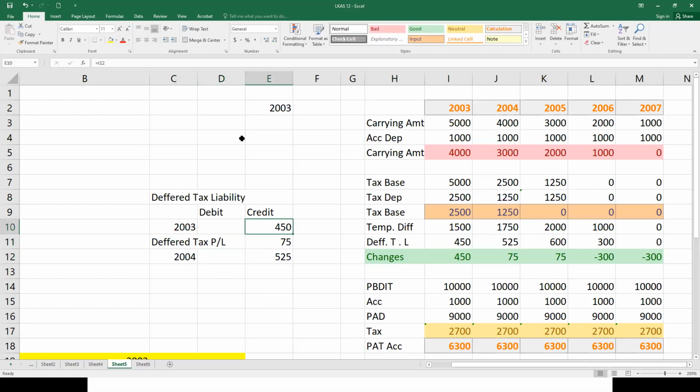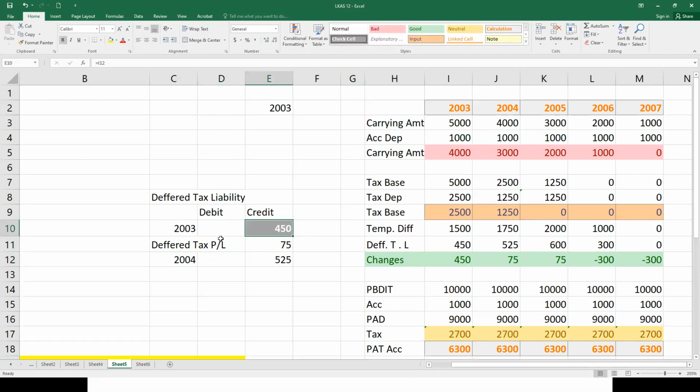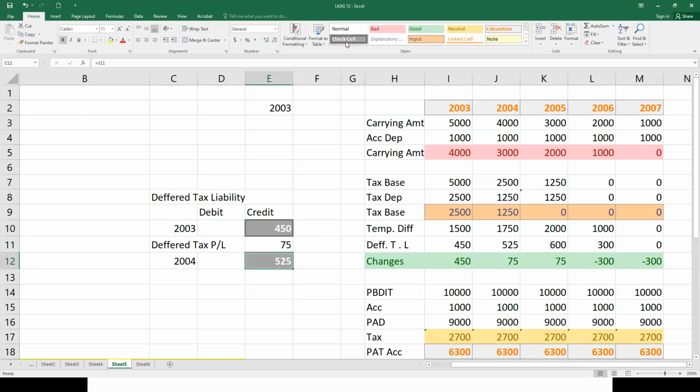So it should be a closing balance, and at the end of 2003 and the end of 2004, it should be 525. And how much in 2005?